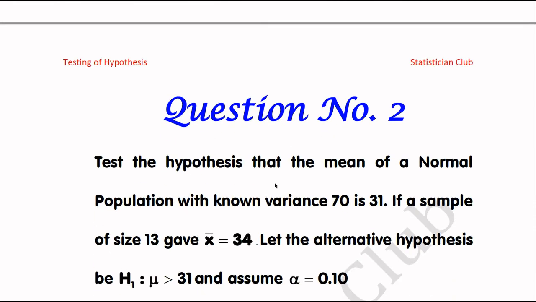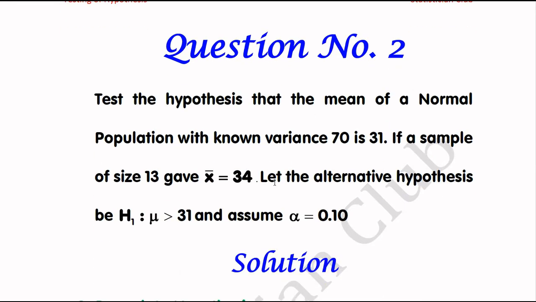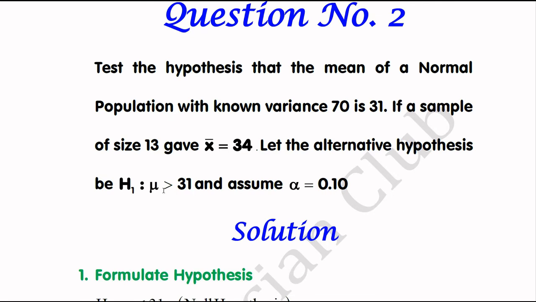Test the hypothesis that the mean of a normal population with known variance 70 is 31, if the sample of size 13 gave x bar equal to 34. Let the alternative hypothesis H1 be mu greater than 31 and alpha, the level of significance, be 0.10. We check with this level of significance, and the alternative hypothesis is given in the question.